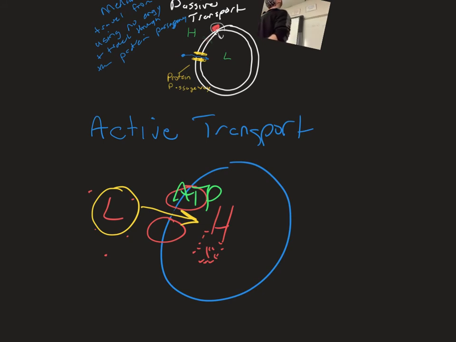I see a lot of you guys writing this down. That's good. So I'll say this again. The molecules that are medium-sized are going through a protein passageway from a low concentration outside to a high concentration inside. And because of that, it requires them to use ATP energy.